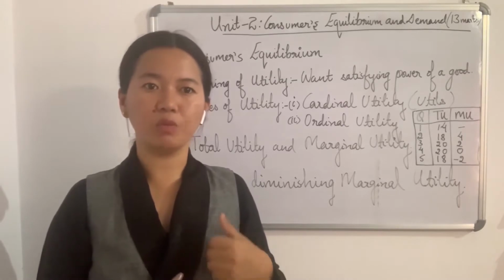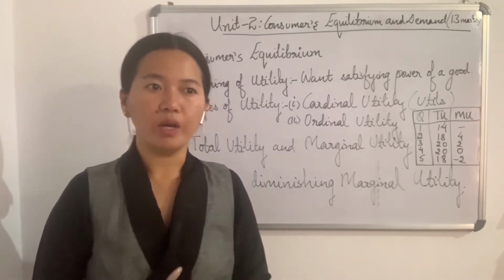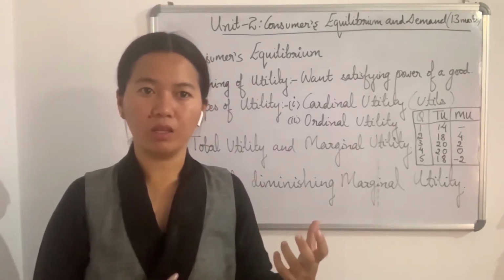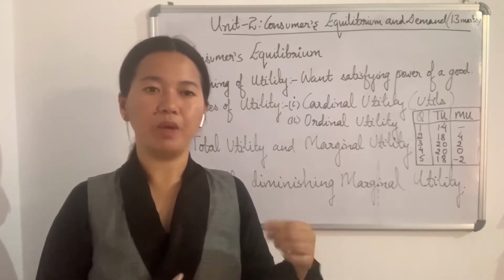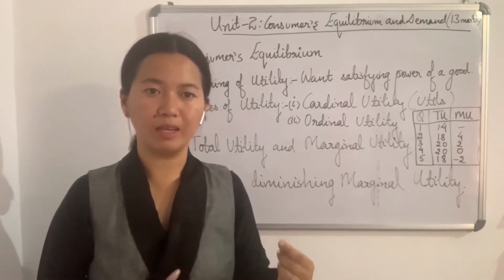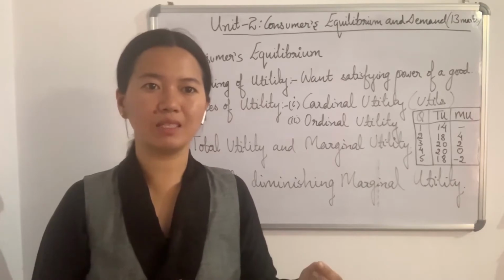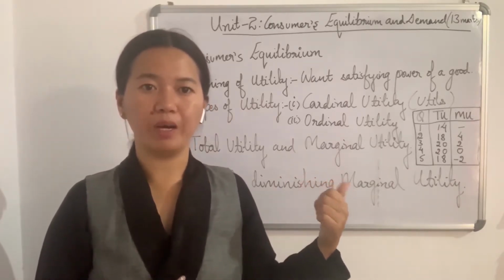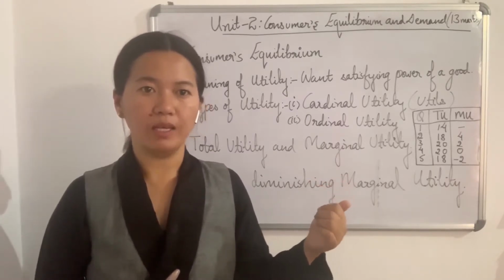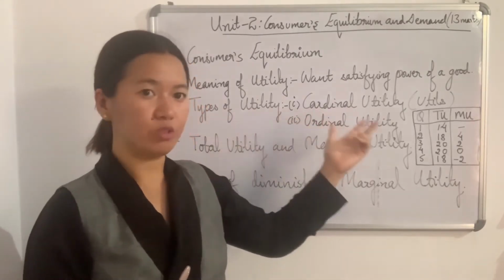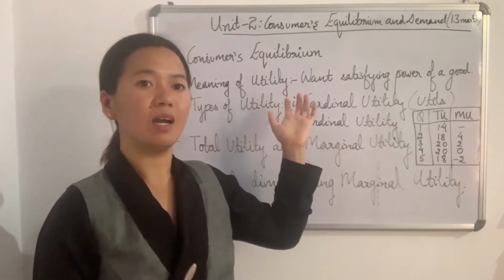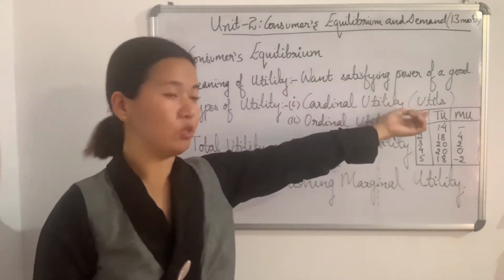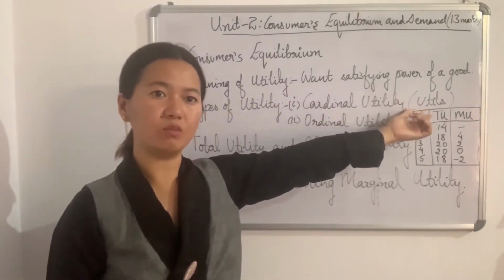The first one is cardinal utility, and the second one is ordinal utility. Cardinal utility is measured in terms of units, like 2, 4, 6, in terms of quantity. It is used by the economist Marshall, and this cardinal utility uses units in terms of utils.